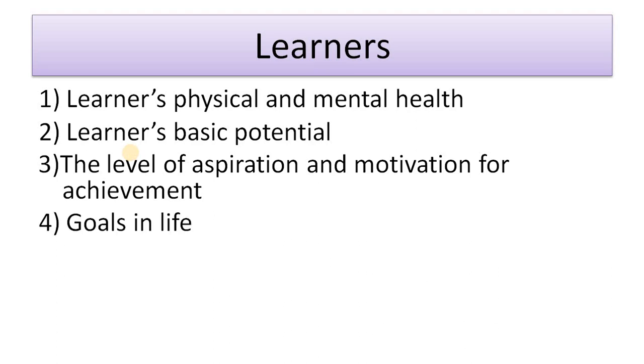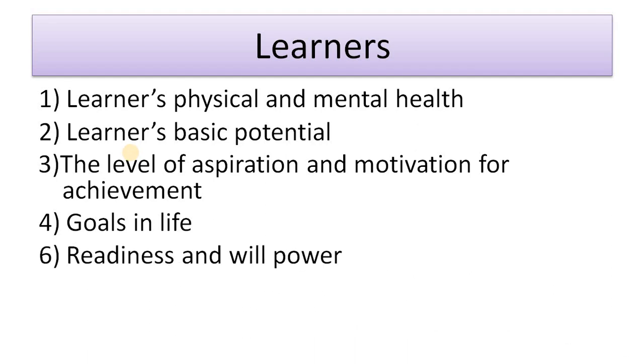What will be the target of the learners? It can also be seen. Readiness and willpower. How active the learners are, what is their willpower, what are the wishes of the learner, it can also be included there. And support from home is a very essential feature of the learner. All the learners should get support from their home.